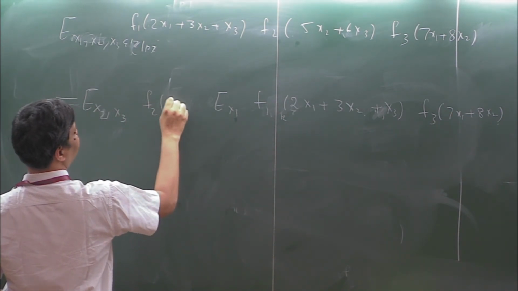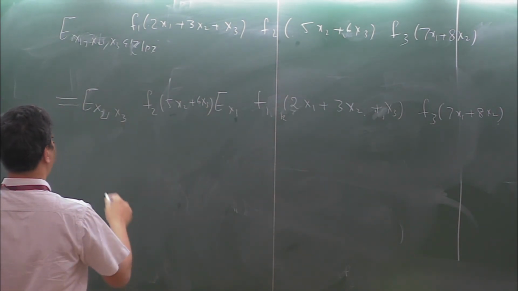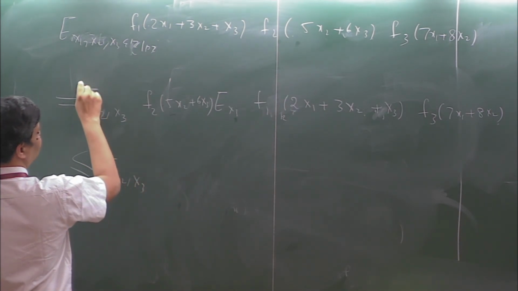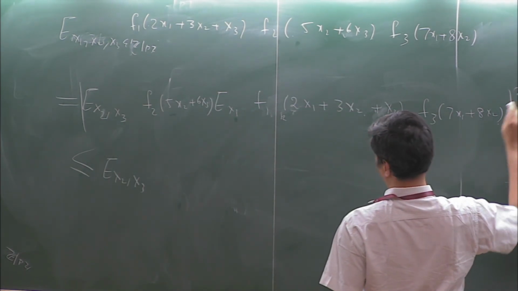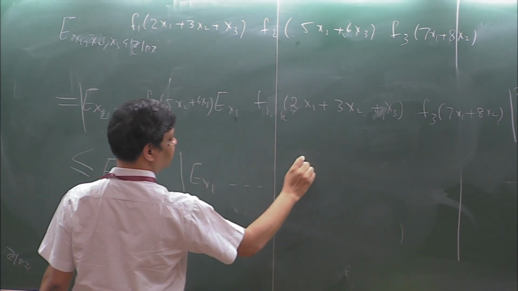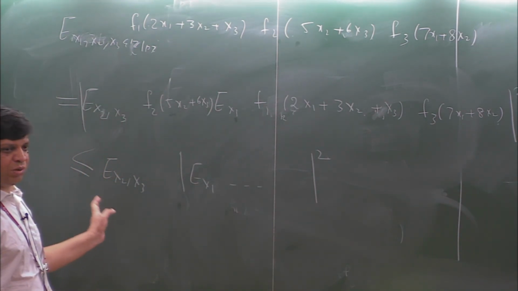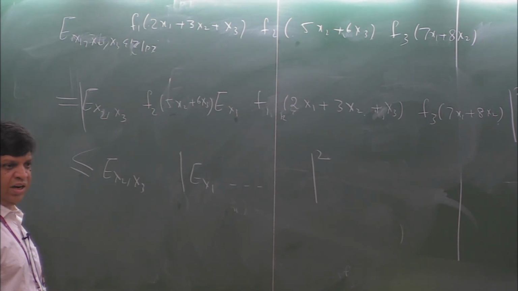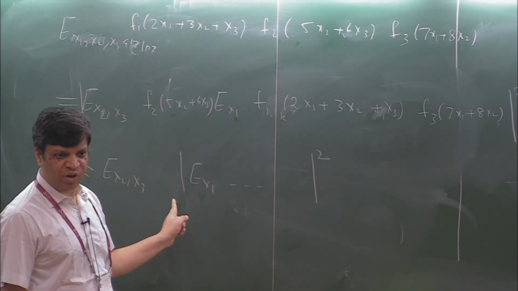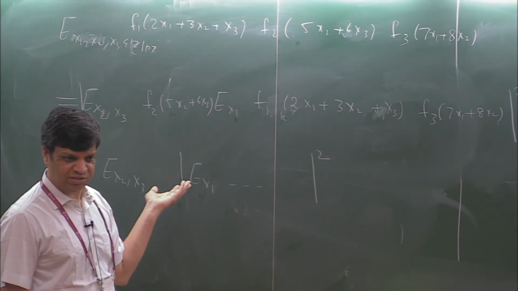So f2 does not depend upon this. So when you apply this, it will be less than or equal to the expectation over x2, x3, and apply this to the square. Right? Now f2 has been gotten rid of. And what has happened? x1 has duplicated, because I have applied the Cauchy-Schwarz, the variable x1 has become x1 prime as well.